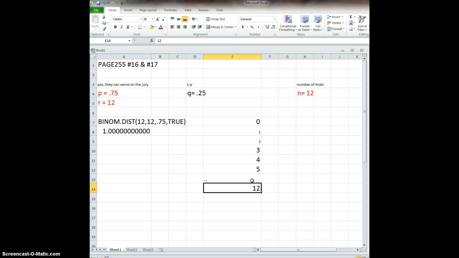Okay, and it adds all those together and gives you the probability of that whole range from 0 up to that first number. That's what true does. And that's why when we type in true here, we get 1 or 100% chances, because of course, if you're calling 12 people, your results have to be somewhere in here of the number of people who said yes.